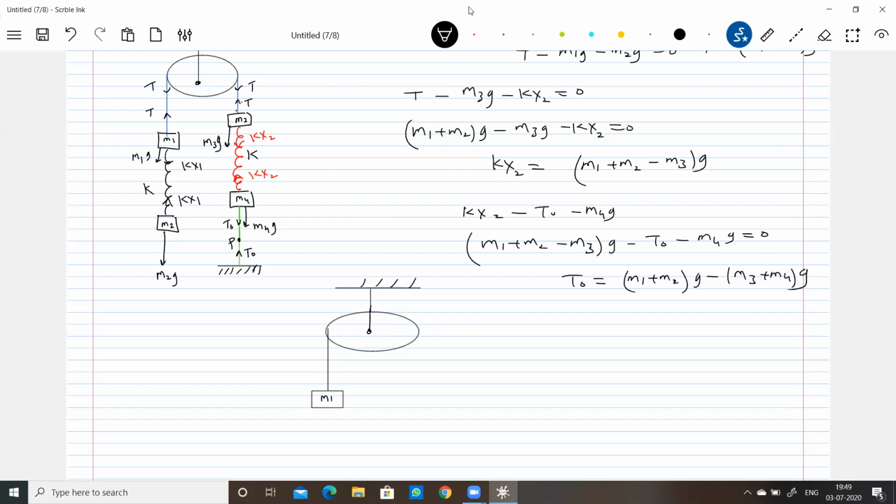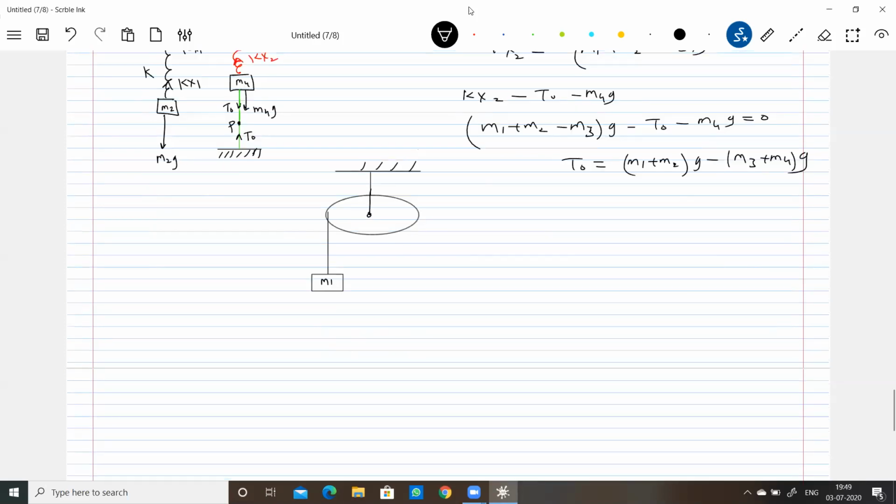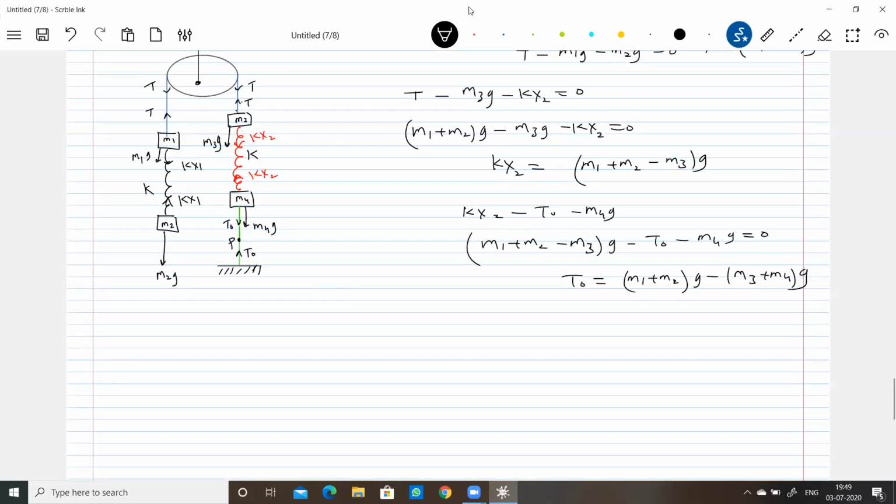This is M1. I'll go to the next page. Let me see, we can adjust here only.